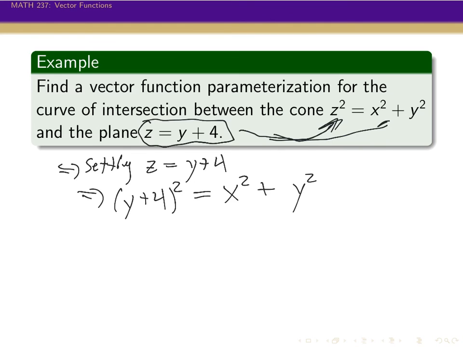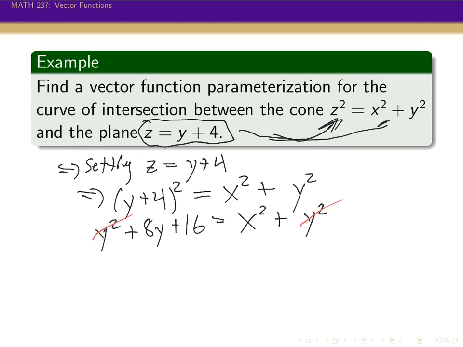Oh, I was wrong. I don't think this is an ellipse. Let's see what we get. So if I square this out on the left, I get y squared plus 8y plus 16 is equal to x squared plus y squared. Now if you notice, we have y squareds on both the left and the right. So I can cancel those out.